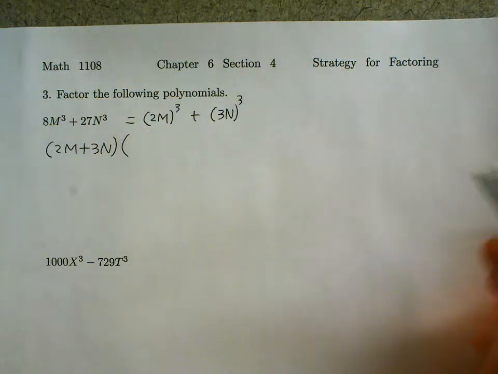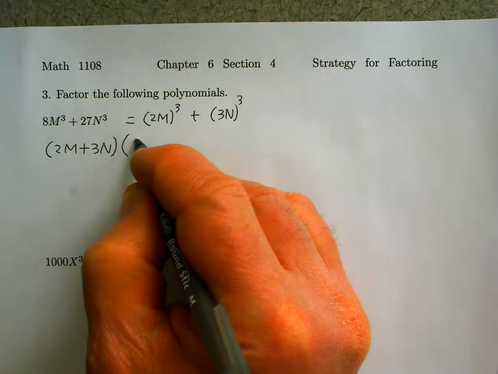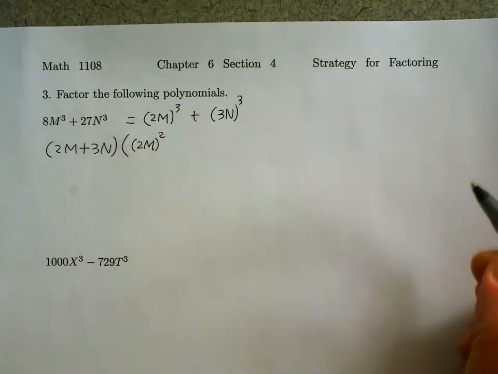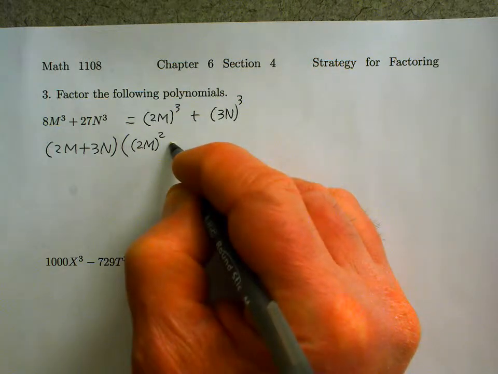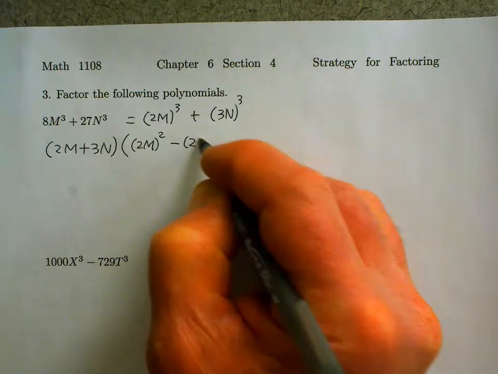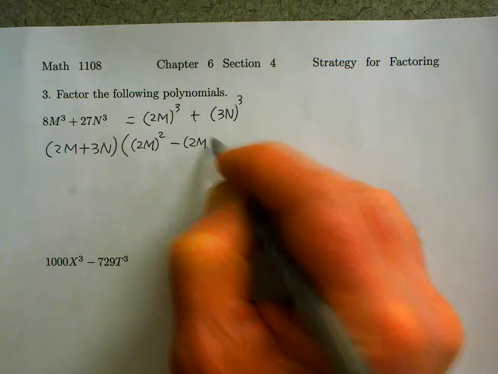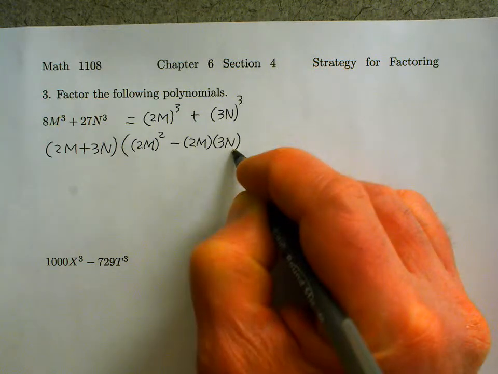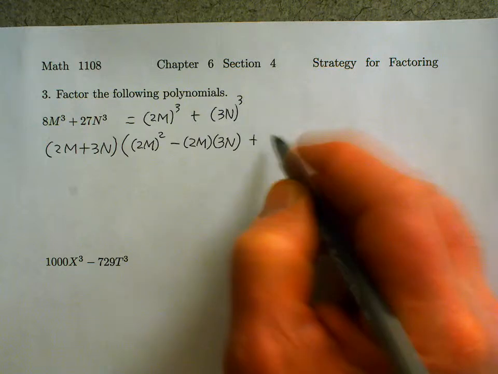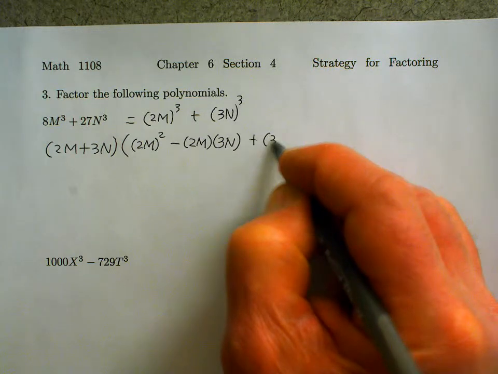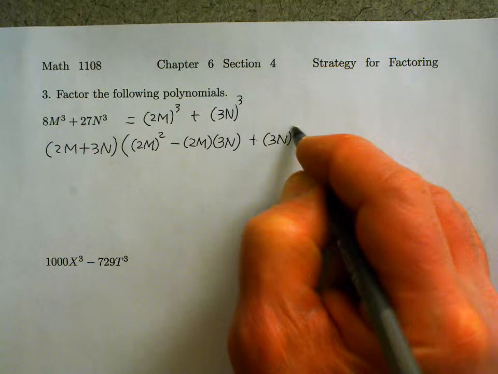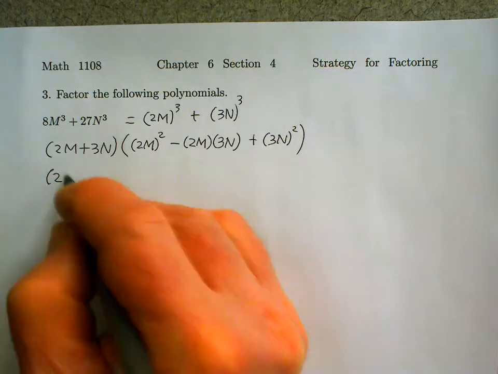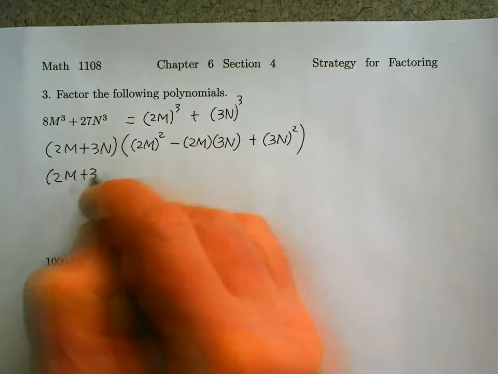The first term in the trinomial is what we get when we square the term 2m. Then we're going to subtract the term 2m times 3n, and then plus what we get when we square 3n. Okay, but we should simplify those products a little bit further.